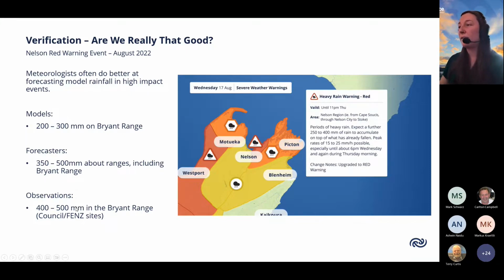And after the event, through our AWS observations, they recorded about 400 to 500 in those ranges during the period of the event. So this is a case where we were pretty onto it and had seen the sort of river of rain system before, knew the models had a tendency to under forecast in this situation and therefore increased our numbers.